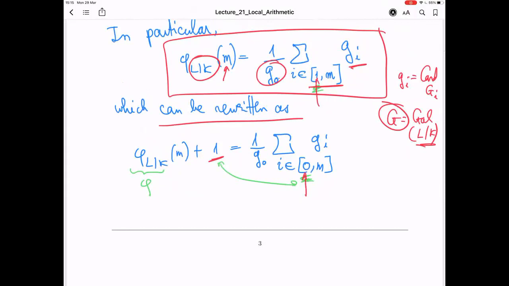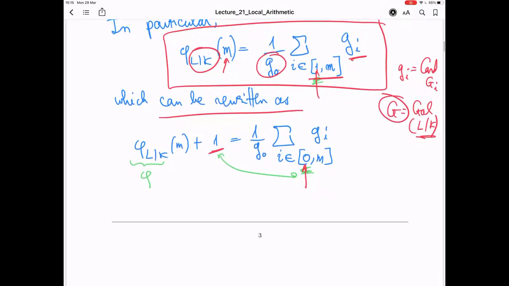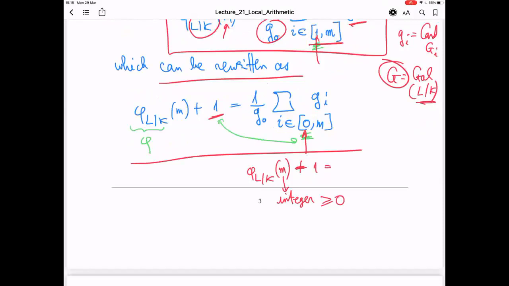So that's the formula which we will be using sometimes: phi L over K at an integer m, let's say greater than 0, plus 1 is equal to 1 over g naught times the sum over all i from 0 to m of the orders of the groups G_i.